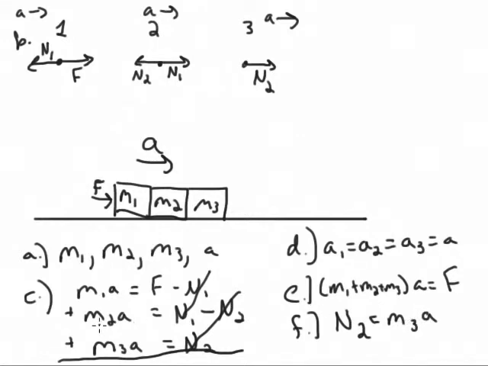Now we have to find what N1 was. So we'll just clear everything up. We will start by saying that M2A is equal to N1 minus N2. That was one of the equations that we had. And we already know what N2 is, so we can just swing this over to here.